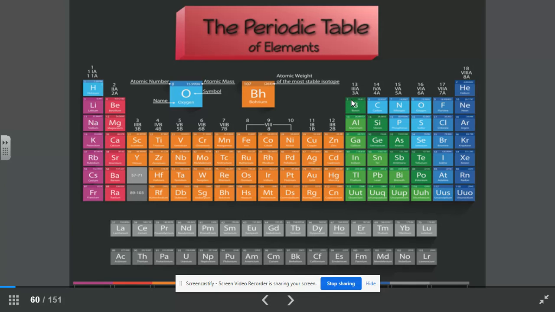In groups 13 through 17, we have nonmetals. These elements do not have any properties of metals. And then finally, group 18, the noble gases. These are odorless and colorless gases. Have you ever had a helium balloon?